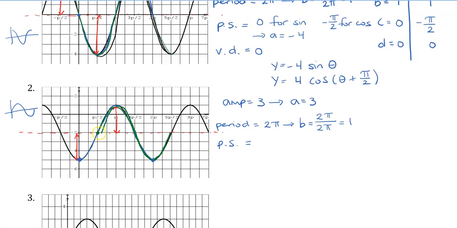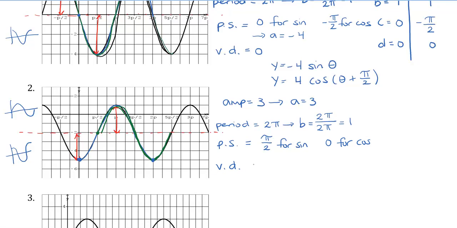So we can see that this gives me a phase shift of pi over 2 to the right. So this is going to be positive pi over 2, and that will be for sine. For cosine, I am looking for this shape here, and I can see that I get this, but it's flipped upside down. And so therefore, my phase shift is 0 for cos.